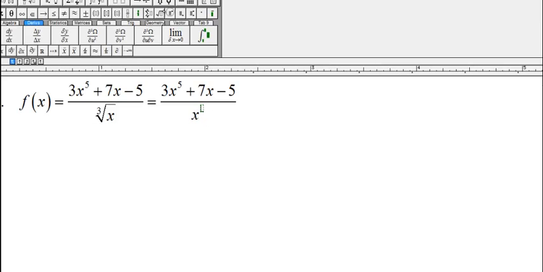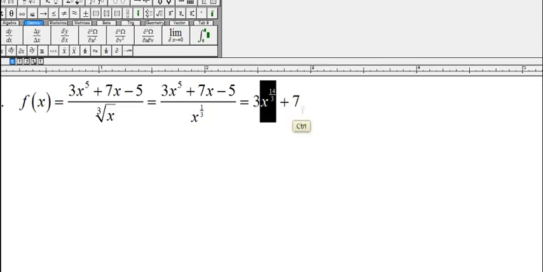Let's write this as x to the 1/3 power. Now we can divide this into each one in the top, and we get 3x to the, well, let's see, 5/3 minus 1/3. 5 is, multiply top and bottom by 3, that's 15/3 minus 1/3, is a power of 14/3, plus 7.